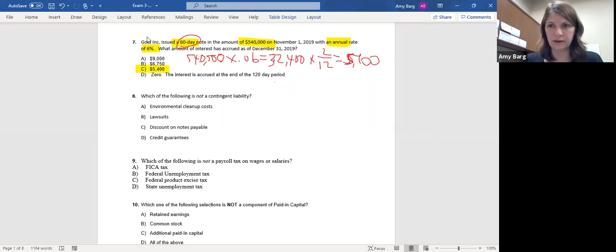Are there any questions about that? Interest is always an annual rate. So you will always divide it by 12 and always just multiply it by the number of months that you need. So if it's a 12-month note and you are accruing it for 2 months, it's times 2 over 12. If it's a 2-month note and you're accruing all the interest that you owe, you still multiply it by 2 over 12.